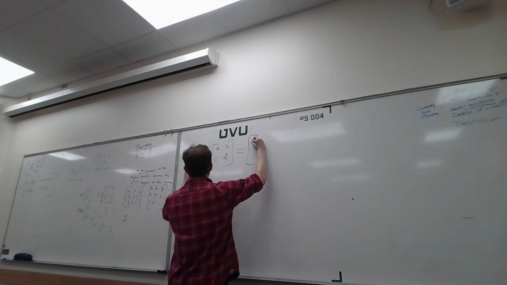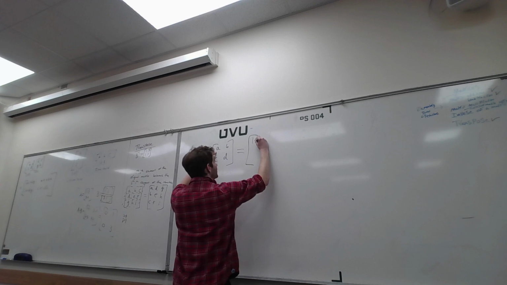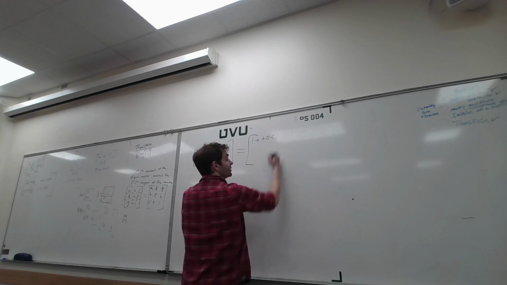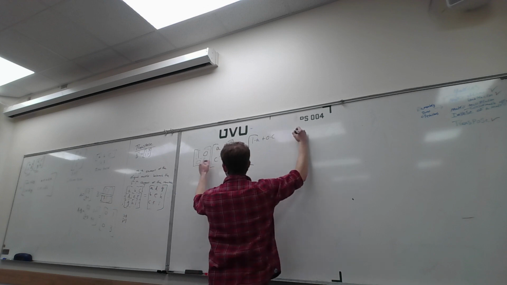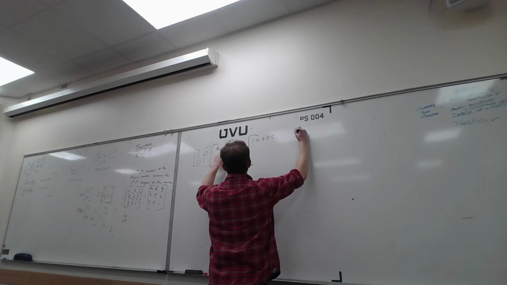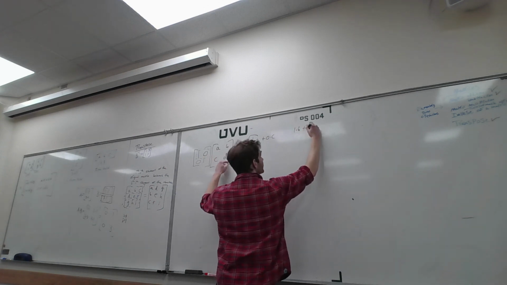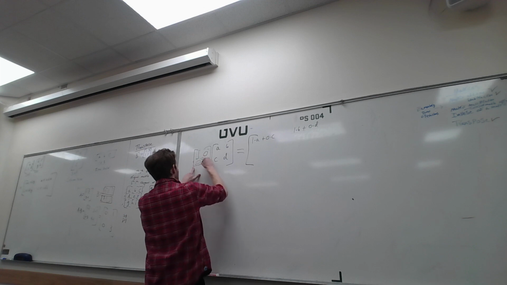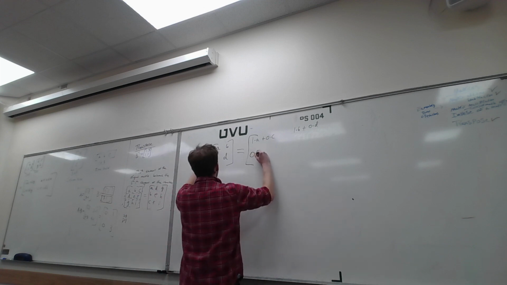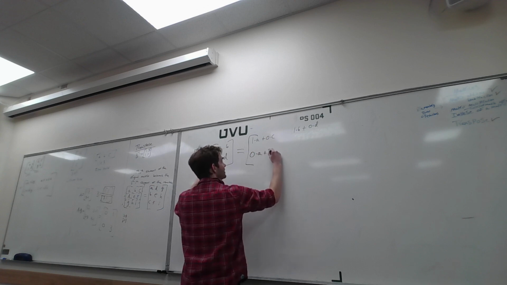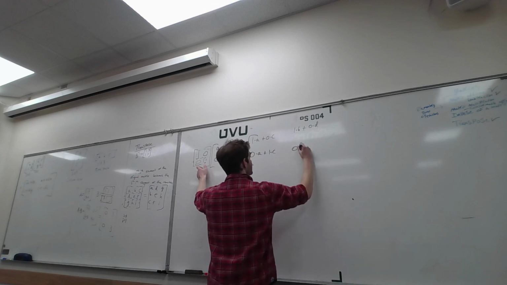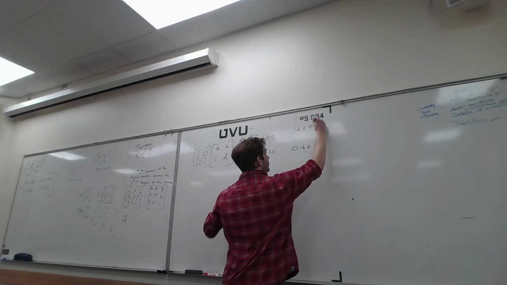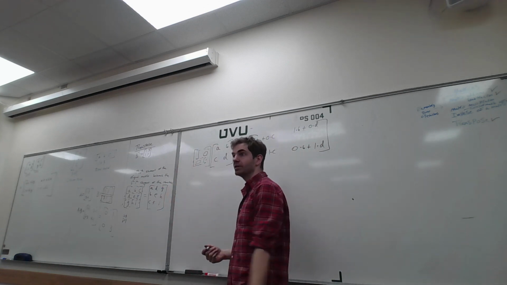So this very first element here is going to be 1 multiplied by A plus 0 multiplied by C. Over here, this element will be 1 multiplied by B plus 0 multiplied by D. Now down here, we have 0 multiplied by A plus 1 multiplied by C, and finally 0 multiplied by B plus 1 multiplied by D. Pick any value of A, B, C, and D that you like.